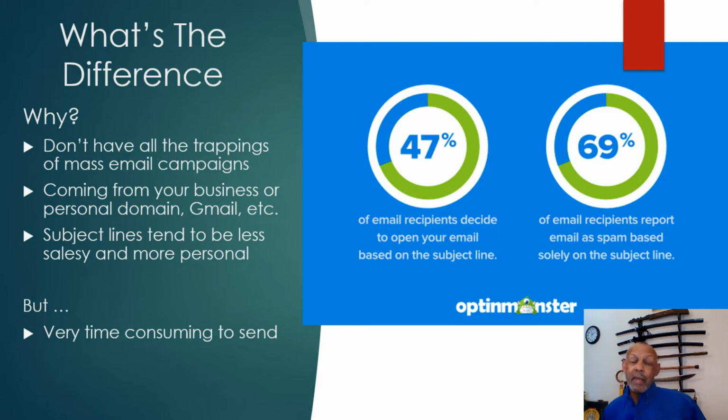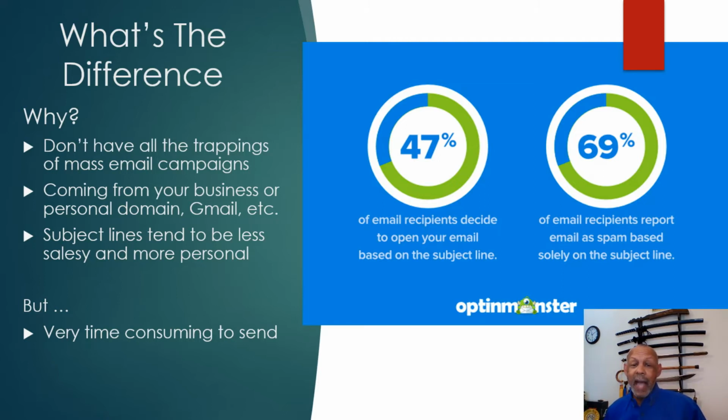And the last one, which was kind of interesting to me, is the subject lines. Subject lines tend to be less salesy and more personal when they come from your email box. But guess what? This little study here shows that 47% of email recipients decide to open your email based on the subject line alone.